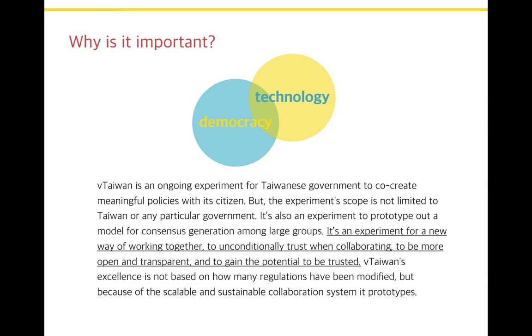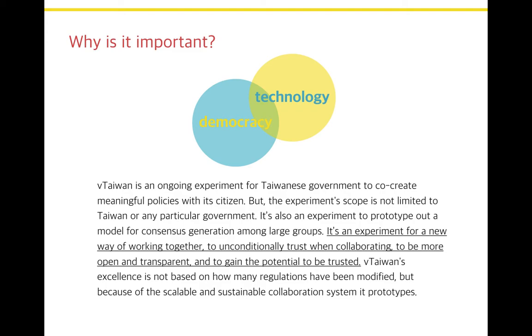It is also an experiment to prototype out a model for consensus generation among the larger group. It is also an experiment for a new way of working together with everyone. So in another word, a larger collaboration model that is scalable and sustainable. When I look at vTaiwan, I see another way of implementing democracy with the help of emerging and existing technology.